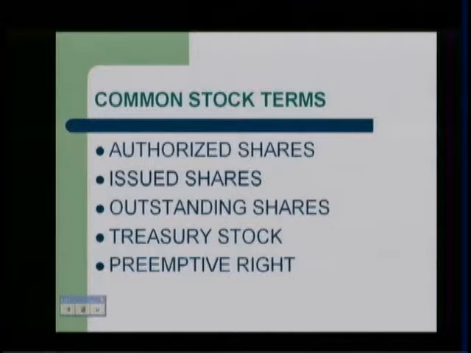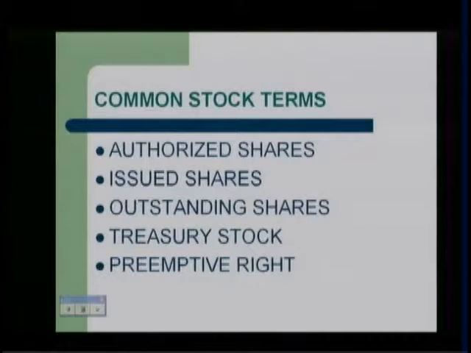The stock is put in the treasury of the firm. So the difference between authorized and issued will be that the company has not sold all the shares of stock they were authorized. The difference between issued and outstanding will mean that some of the shares of stock they sold have been bought back. And that is called treasury stock, the ones they bought back.